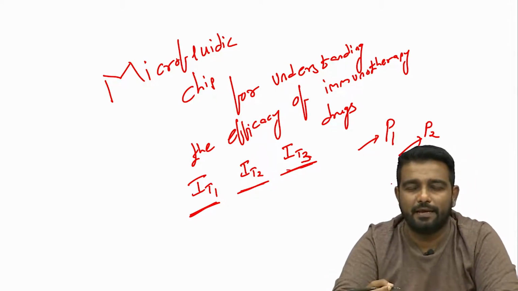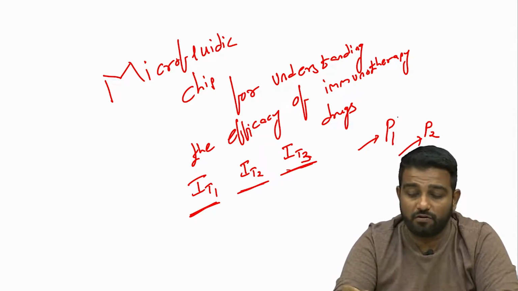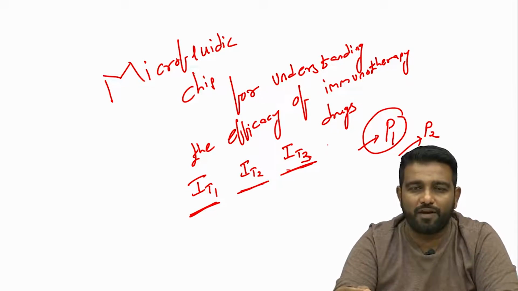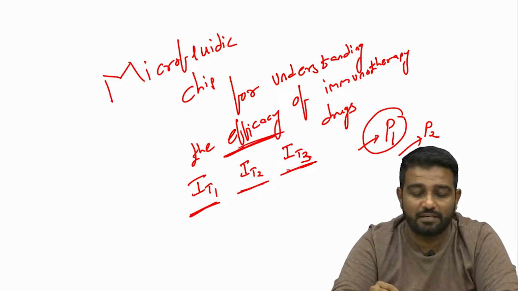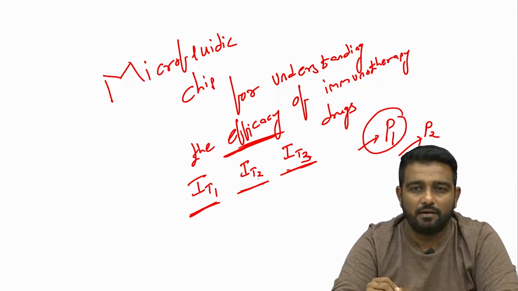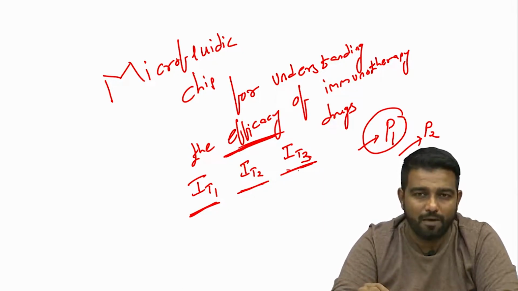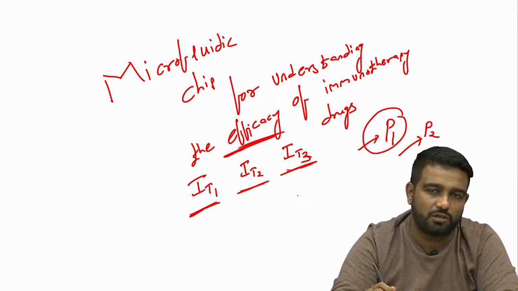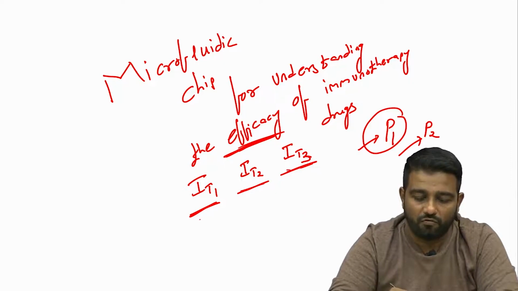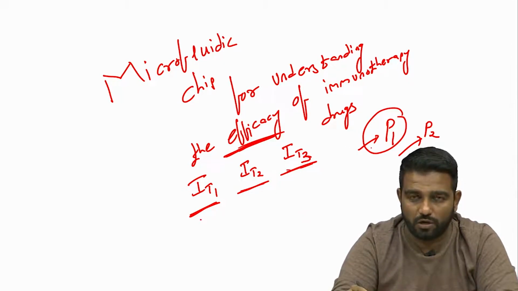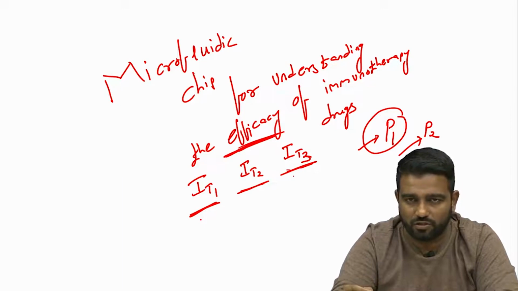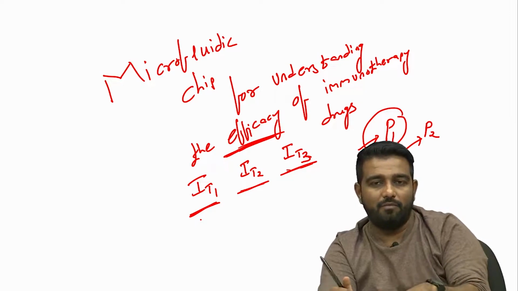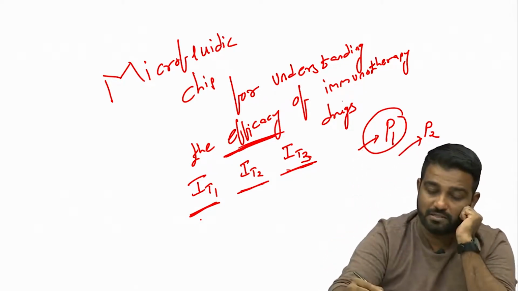How will we design it? How will we know which of the 3 drugs would be more effective for patient 1, which drug has more efficacy? Same thing goes for patient 2. So, you have to design a patient centric platform that can help the doctor to identify which drug to prescribe, which drug patient 1 should be given, which drug patient 2 should be given out of the available drugs in the market. We will discuss immunotherapy later on.